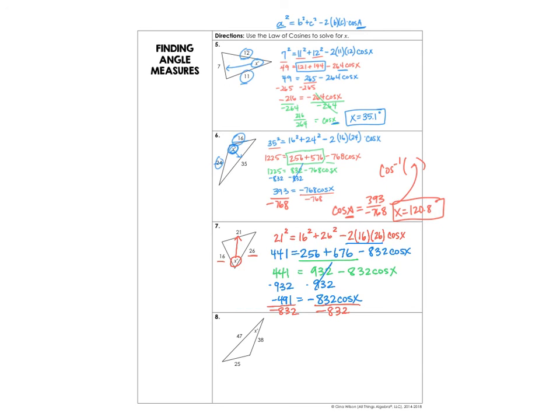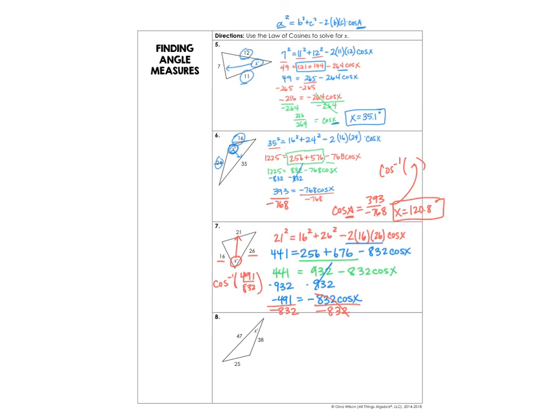So we divide, because it's being multiplied by the cosine x, it's not being subtracted from. Okay? So we're going to have the inverse cosine of negative 491 over negative 832, which is going to make them both positive. So we're just going to say 491 over 832.